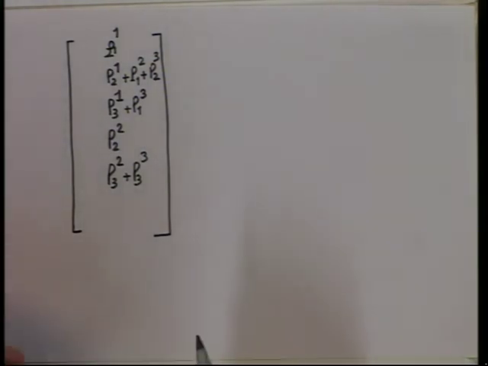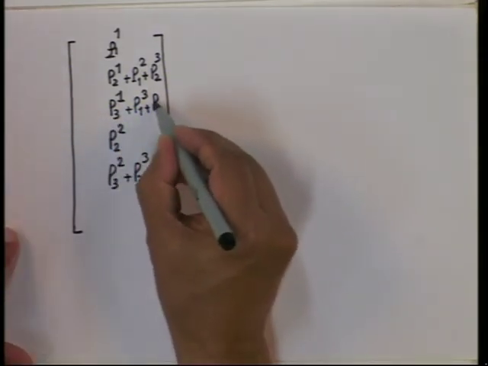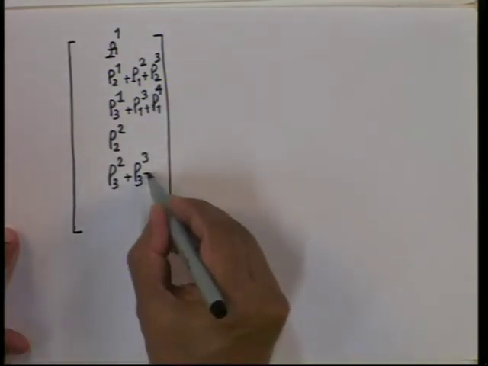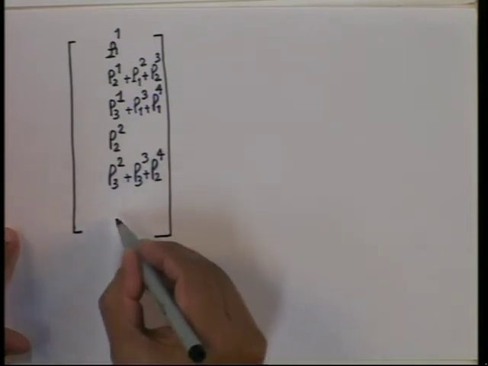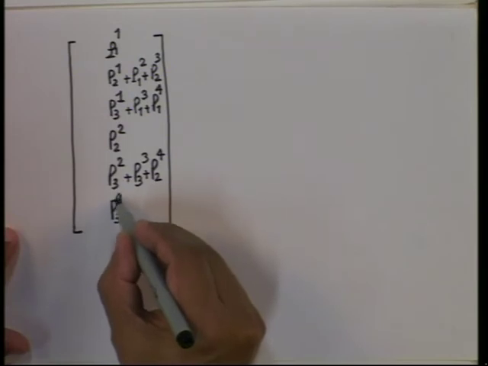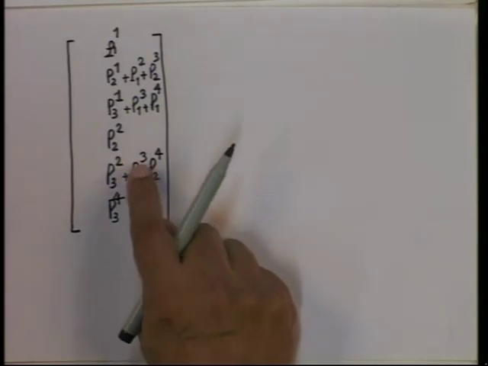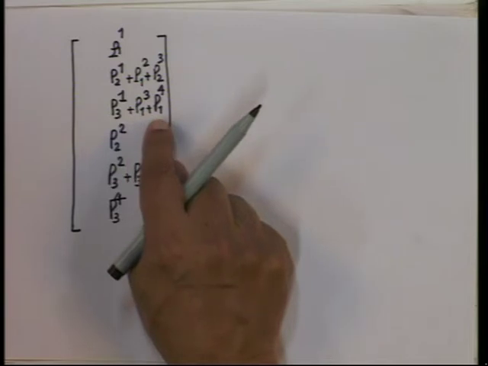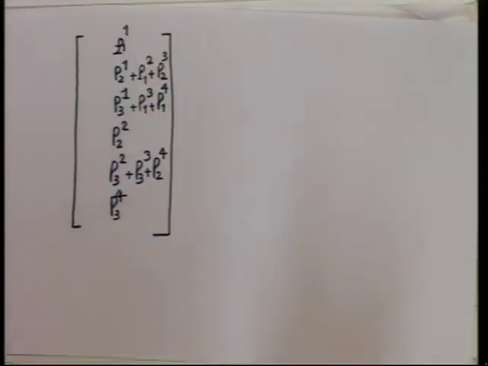So, 3 is first, so it is p 1 of 4, 3, 5 is here, plus p 2 of 4 plus p 3 of 4. Yes, this is right.